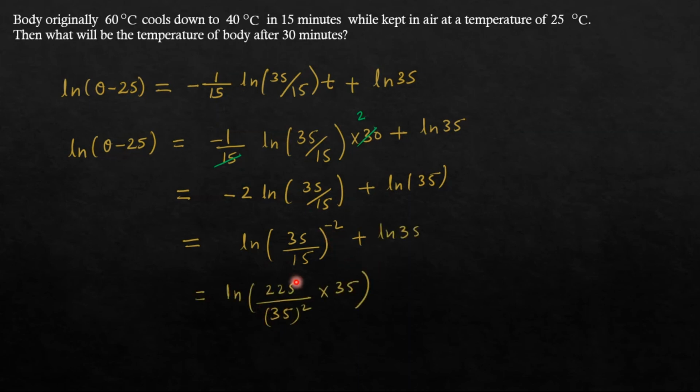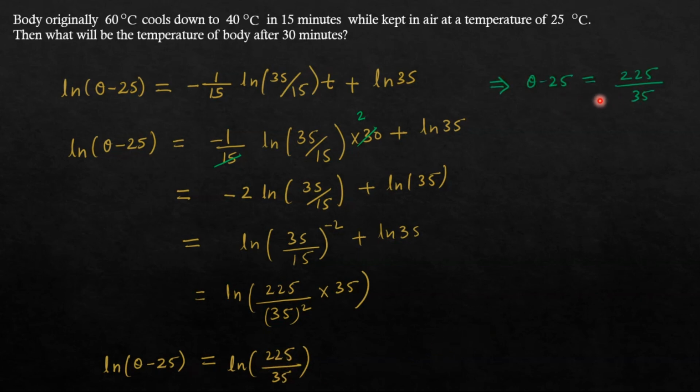So this will get reversed: the square of 15 is 225 and 35 is squared. And this will get multiplied because they are in addition, into 35. 35 and 35 will get cancelled. So we are left with ln of theta minus 25 is equal to ln of 225 by 35. If you compare both sides, you will get theta minus 25 is equal to 225 by 35.